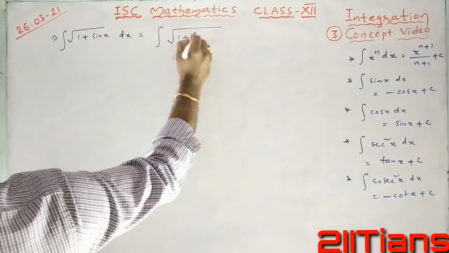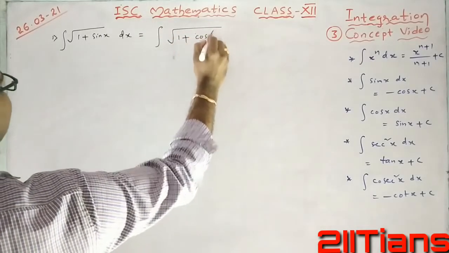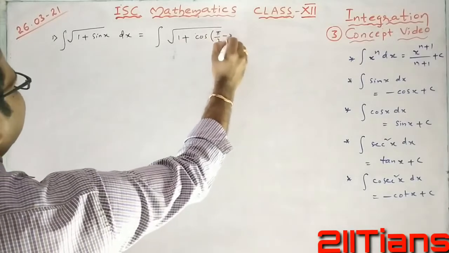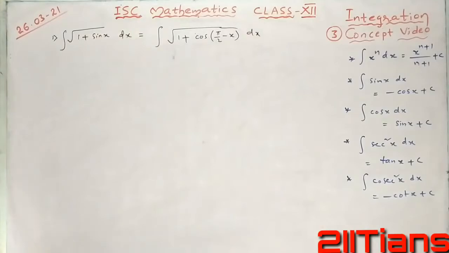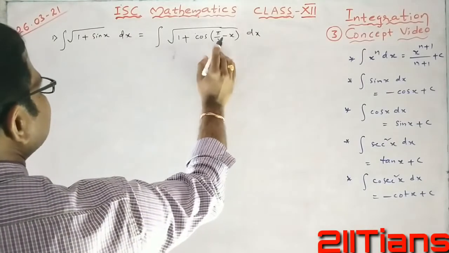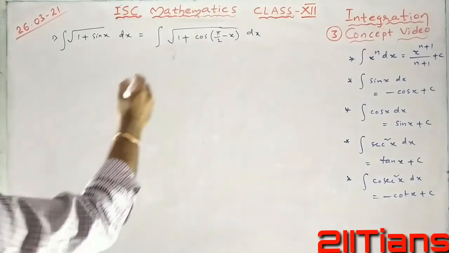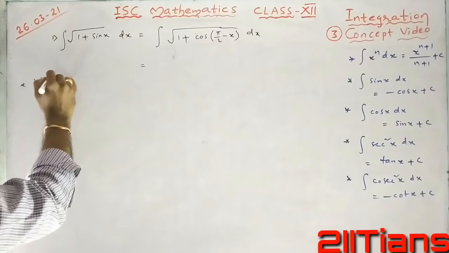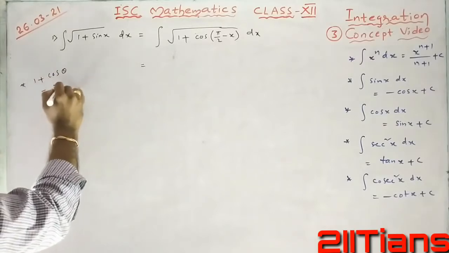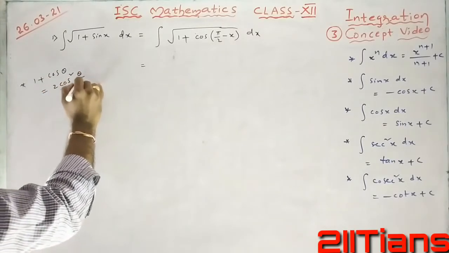1 plus sin x, can I write cos of 90 minus x? As we have in quadrants, all silver teacups, complementary angles: cos of 90 minus theta is nothing but sin theta. Already I told you 1 plus cos theta can be written as 2 cos square theta by 2.